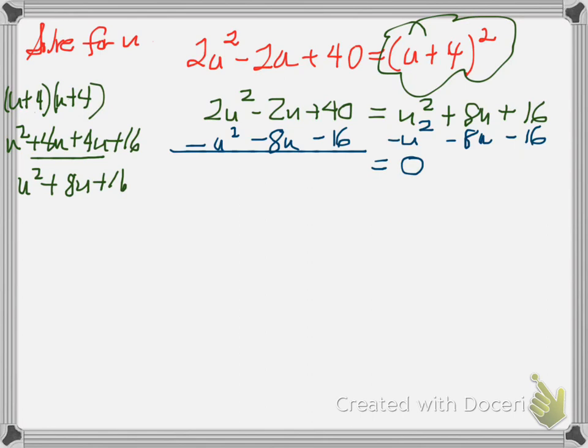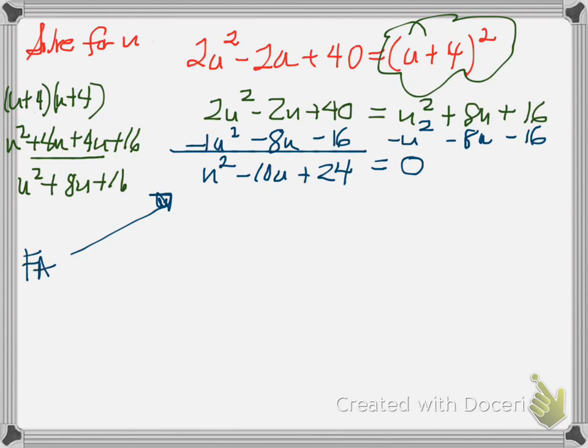So 2u squared minus 1u squared is u squared. A negative 2u and a negative 8u is a negative 10u. And a positive 40 and a negative 16 is a positive 24.